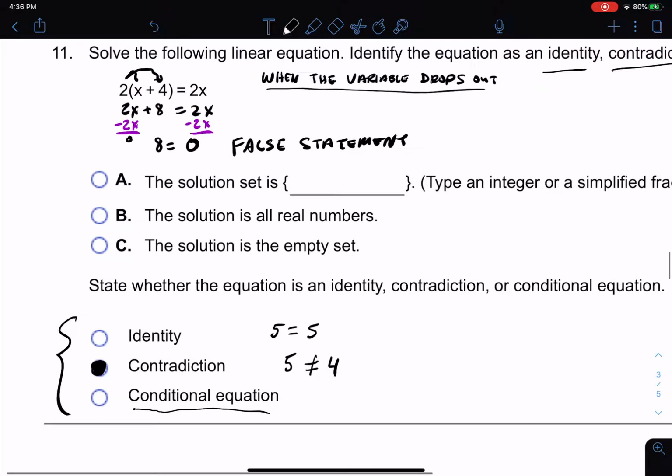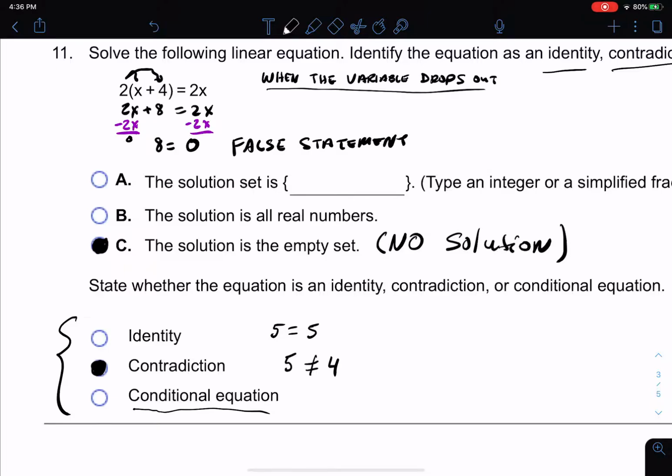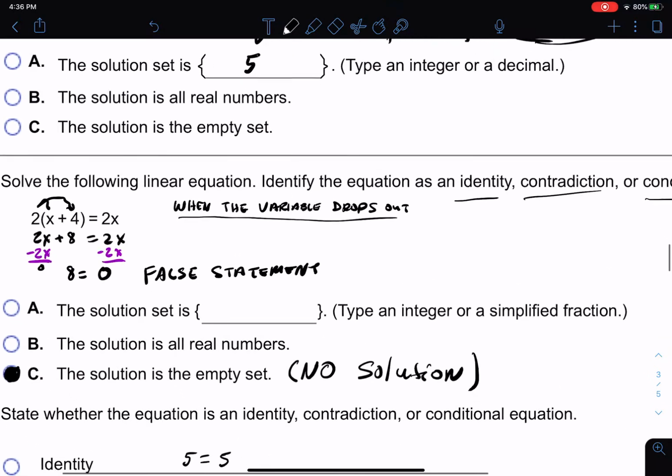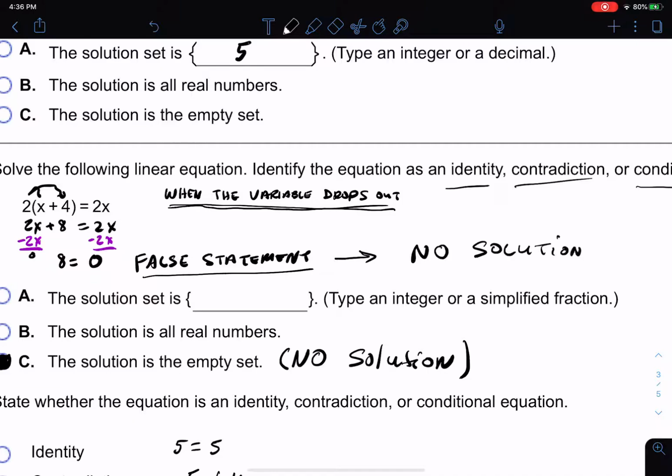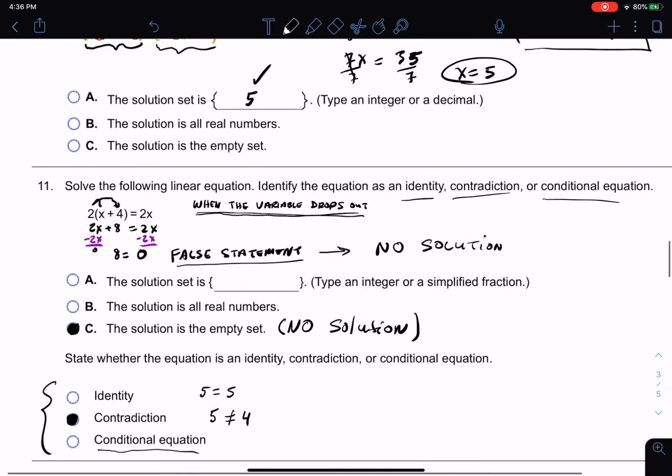And the solution is the empty set, which you can also just say is no solution. So over here you can say when the variable drops out and you have a false statement, the result is no solution. That'll be true with these equations.